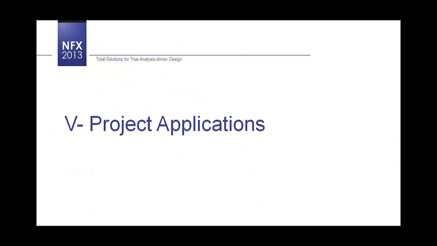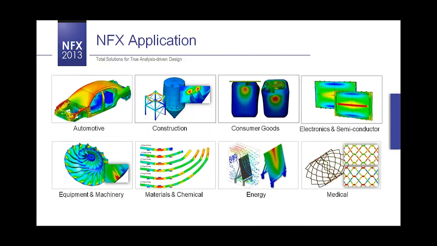Now we'll talk a bit about a few project applications that have been made using NFX. So NFX provides a solution for every kind of industry. So it can be automotive, construction, consumer goods, electronics, equipment or machinery, chemicals or materials, energy, or even medical.